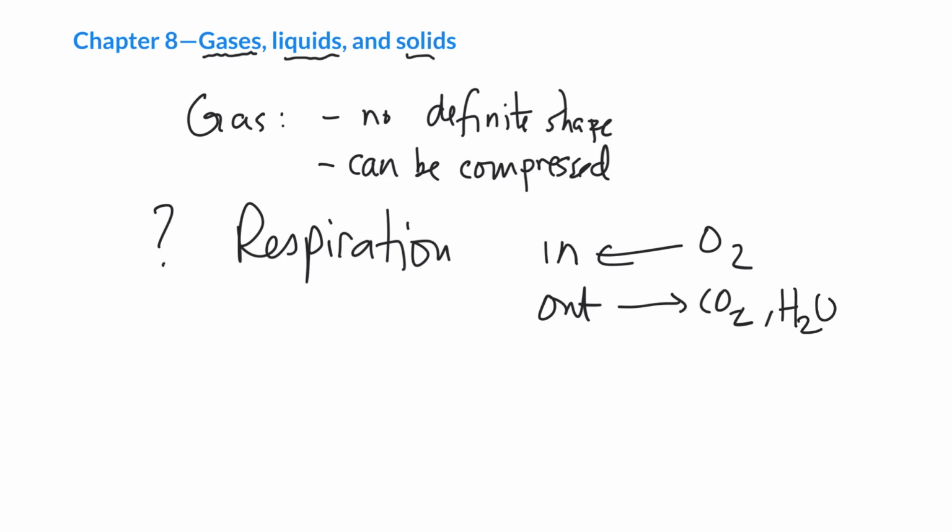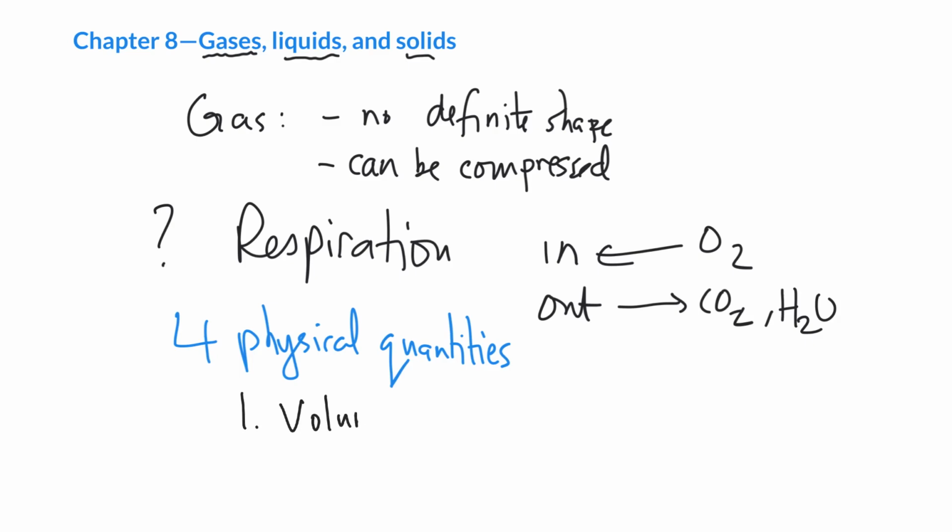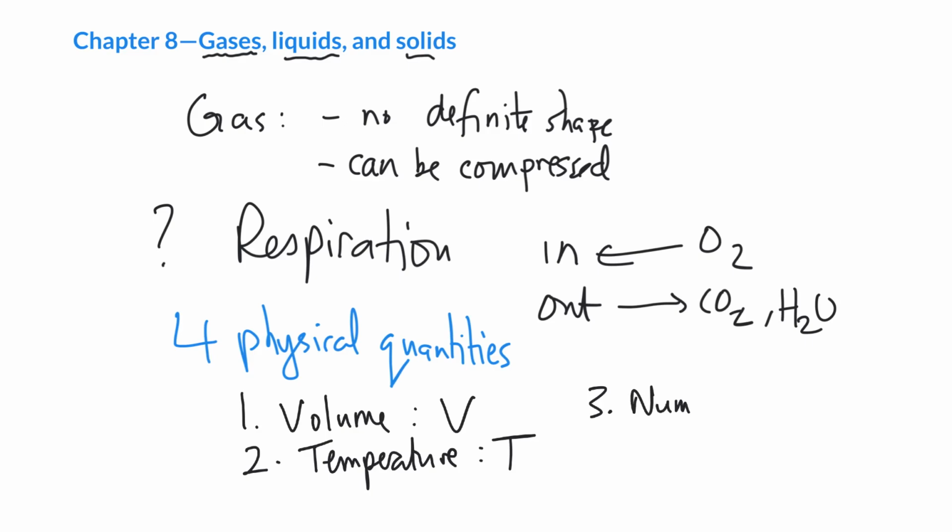When you're dealing with gases, there are 4 physical quantities that we always talk about. These are 4 things that we can measure and give numbers and units to. The first one is volume, which we measure in the lab all the time, and we normally give it the symbol V. We also deal with temperature, which we normally symbolize with a capital T. The third thing, which we did a lot in the stoichiometry chapter, is the number of moles, or the chemical amount.